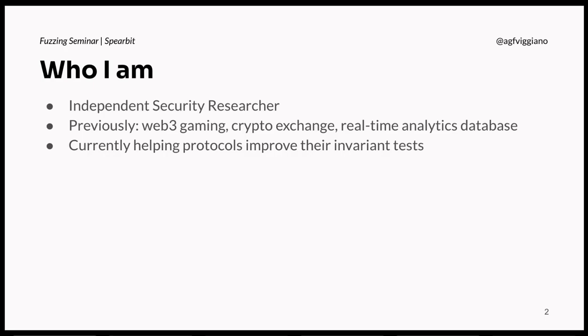As mentioned, my name is Antonio. I'm an independent security researcher, and I'm currently focusing on environment testing and property-based testing, learning many tools such as Echidna, Medusa, Foundry, Halmos, and trying to help protocols with their test suites.